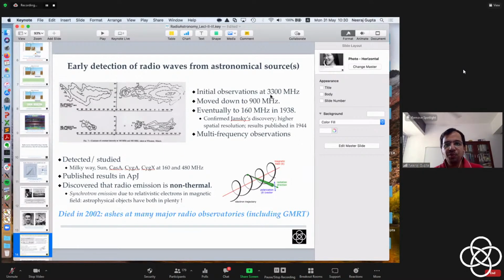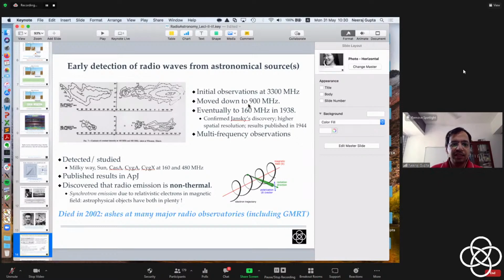So he moved down to 900 megahertz. This is still much higher than what Jansky was doing, so he still did not detect anything. But then he eventually moved even closer. He went to 160 megahertz, and then he confirmed Jansky's discovery.